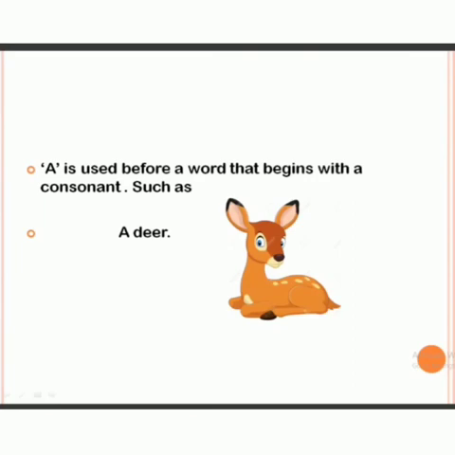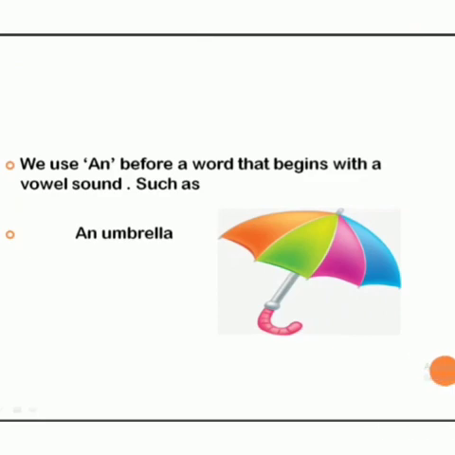A is used before a word that begins with a consonant, such as a deer. D is consonant, so here we will use A. Here you see, we used an before a word that begins with a vowel sound, such as an umbrella.